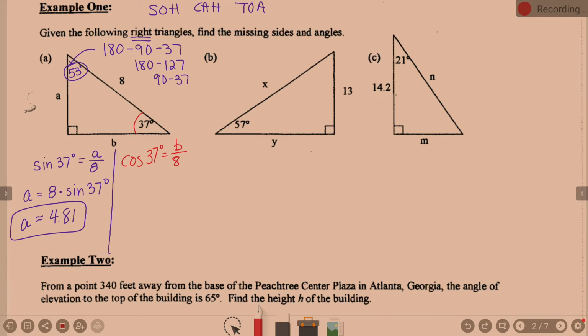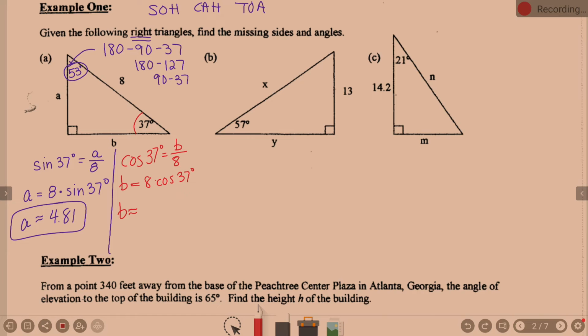If we do this, it's b divided by 8. So what do I have to do? I'm going to have to times by 8. So it's going to be 8 times cosine of 37 degrees. And of course, it's use the calculator at that point.